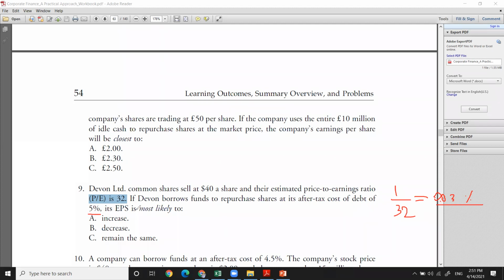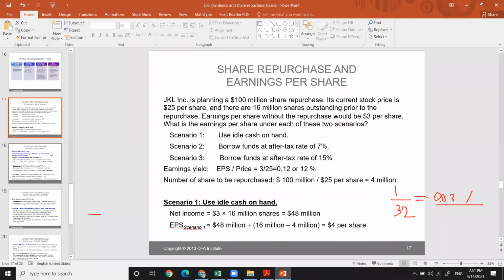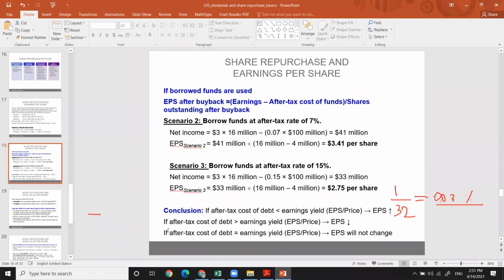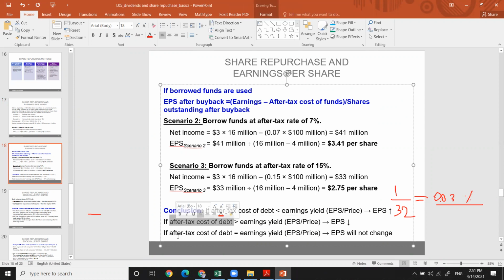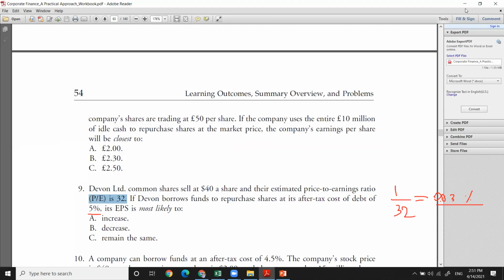So as I said, if earnings yield is less than cost of debt, then EPS will go down. If earnings yield is more than cost of debt, EPS will go up. Keep it in mind.